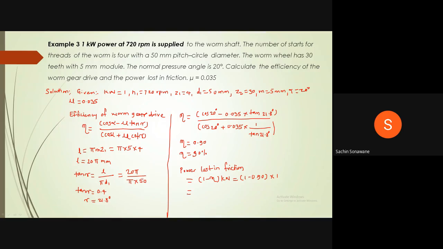How much power lost? 1 minus 0.9 means 0.1 kilowatt, which is equal to 100 watt. 100 watt is nothing but power lost in friction. Therefore, this is the solution of the problem.